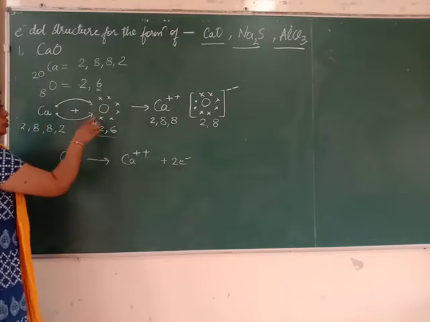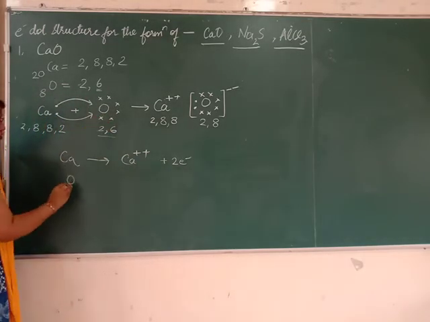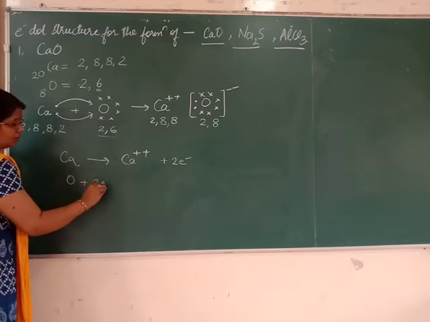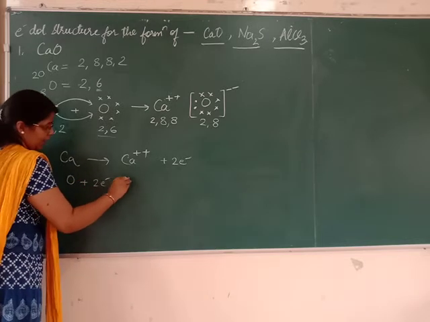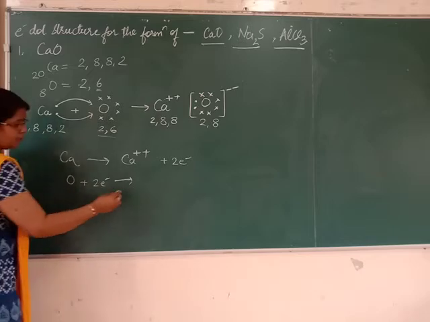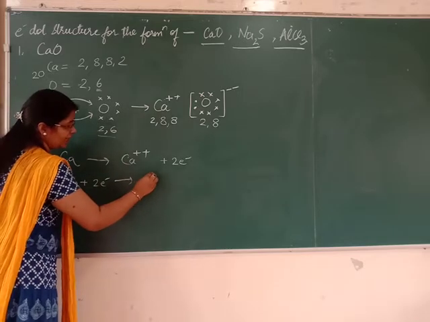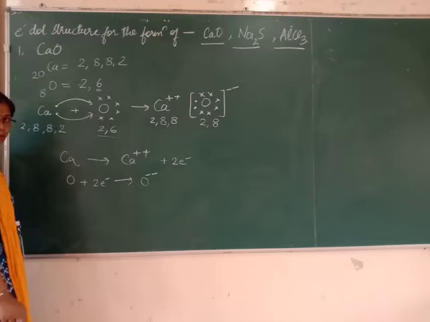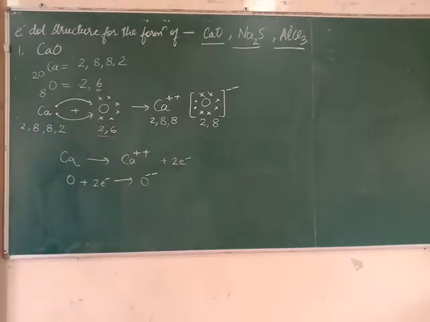These 2 electrons will be accepted by this oxygen atom, and this oxygen atom becomes oxide ion. See children, one more time. Calcium donates its 2 electrons to become calcium ion. Oxygen accepts calcium's electrons and becomes oxide ion.